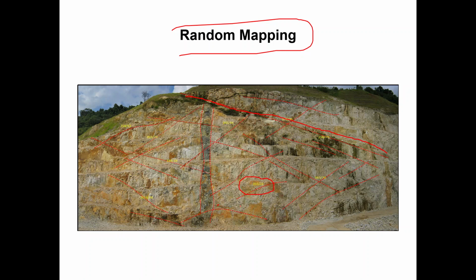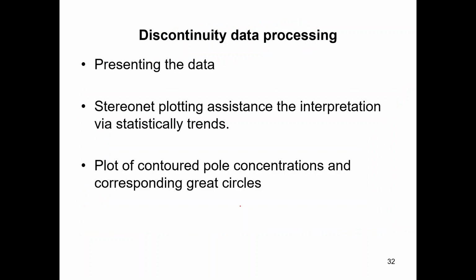So how we process this data is like lab number 4. We have to present this data so everybody can understand, if I did not conduct this testing, or if you want to present to the client. So this is the best way to present your data and tell the client the condition of your slope.